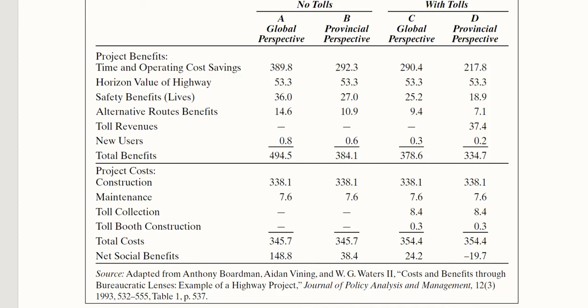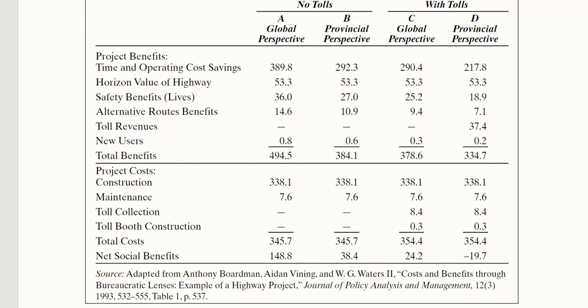So these are the two construction costs. When we come to maintenance, the maintenance cost of the highway will be here. The toll collection will be there in these two cases, because here there is no toll, so there will be no toll collection. Toll costs, total costs are there, so these are the total costs.